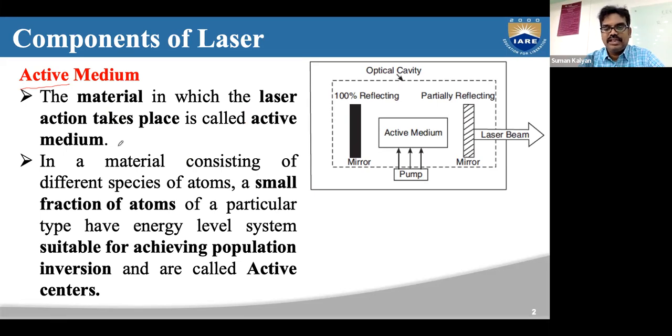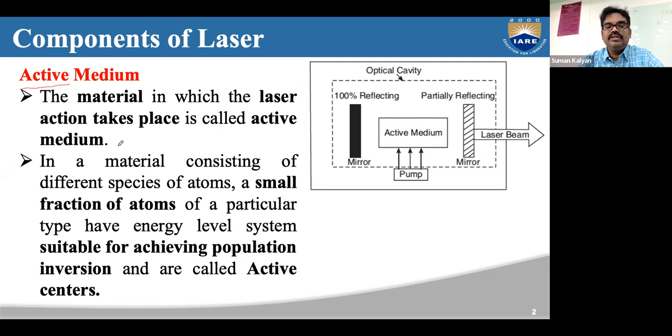As I said, to achieve the metastable states, we need to dope the particular material. So there will be different kinds of atoms in the active medium, but not all the atoms are eligible to participate in the lasing action.